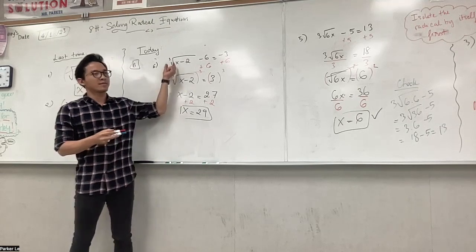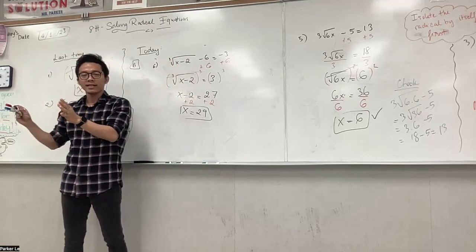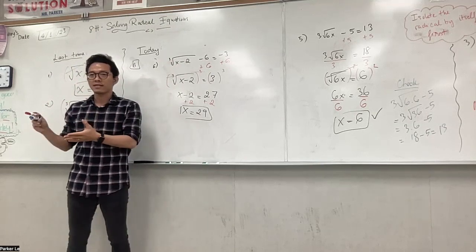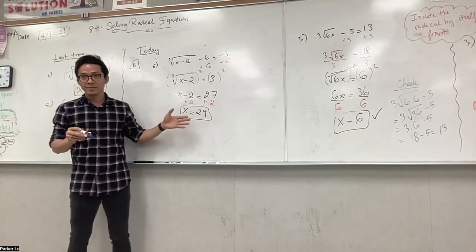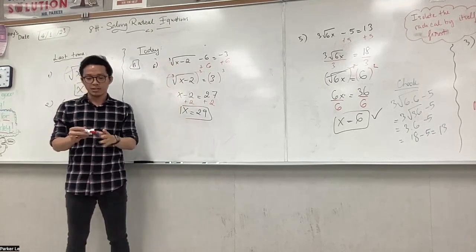Remember when you have the square, then you have the plus and minus thing, right? And when it's a cube, which is odd, you don't need the plus and minus. Same thing here. The power is odd, so you don't need to check.